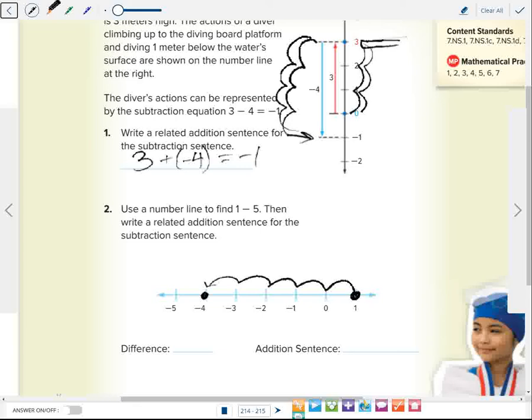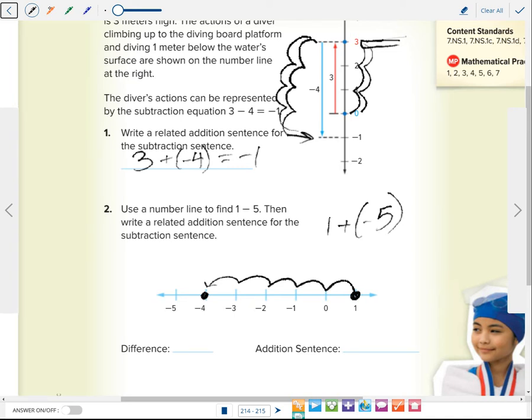So an addition problem to that would be, we start at 1, and we are adding a -5. Do you agree that we're adding a -5 to that? We started at 1, we're adding a -5 to go to the left.